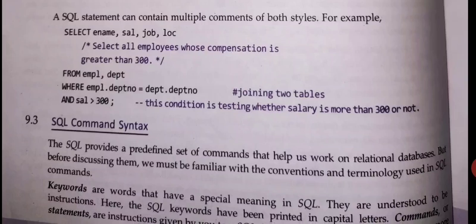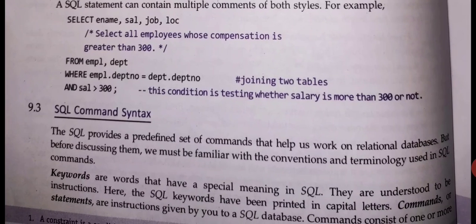Now next we will see the SQL command syntax. Keywords are words that have a special meaning in SQL. They are understood to be instructions. Here the SQL keywords have been printed in capital letters. Commands or statements are instructions given by us to a SQL database.